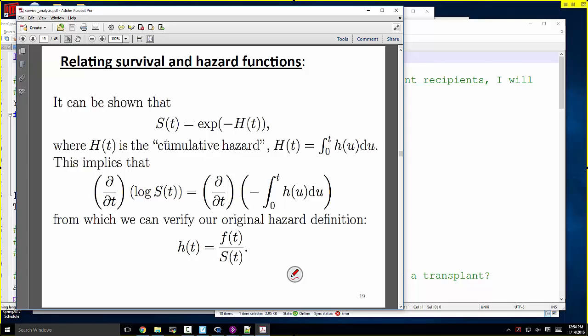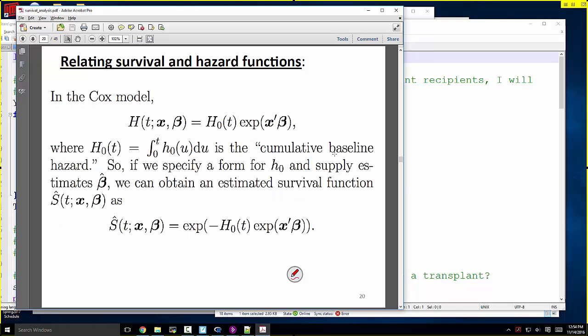We can do that through this relationship here. The survival curve is equal to e to the minus cumulative hazard. The cumulative hazard is just like a cumulative distribution function. It's an integral from the left up to t of the hazard function. So we can relate survival to hazard.